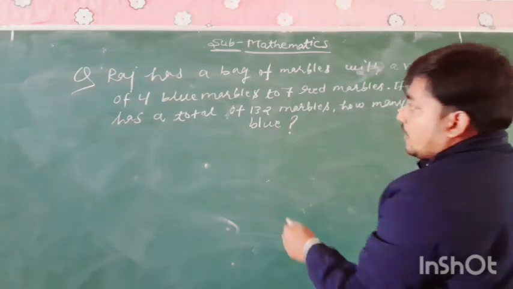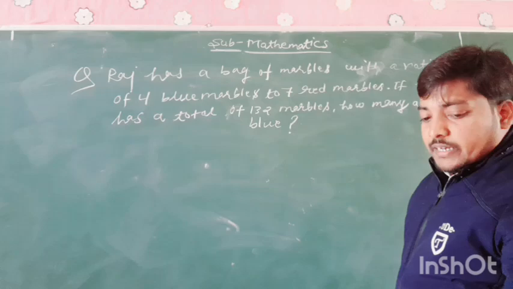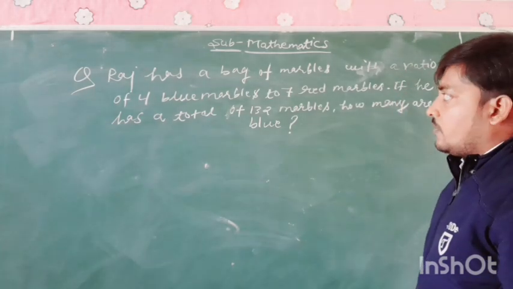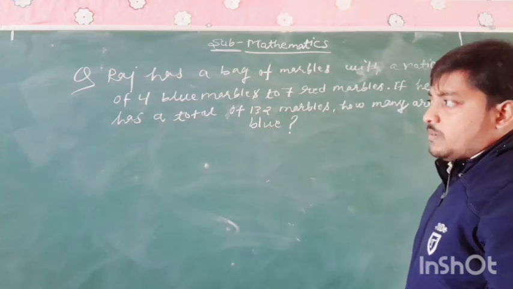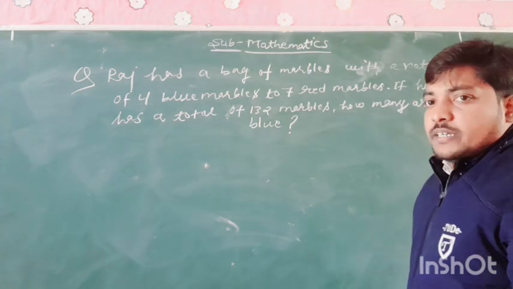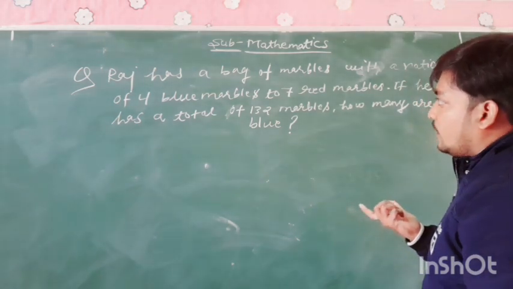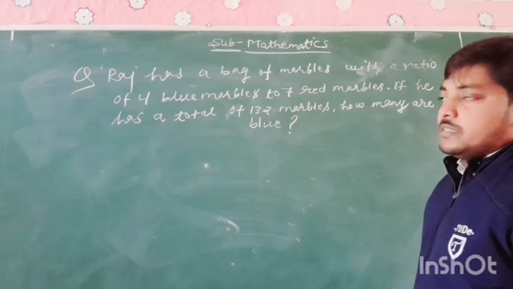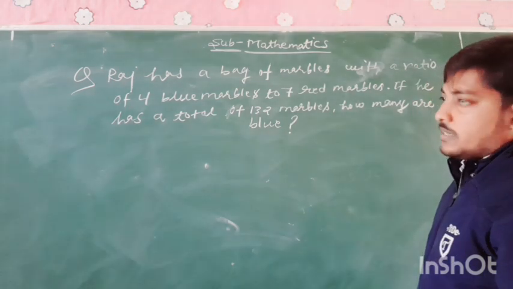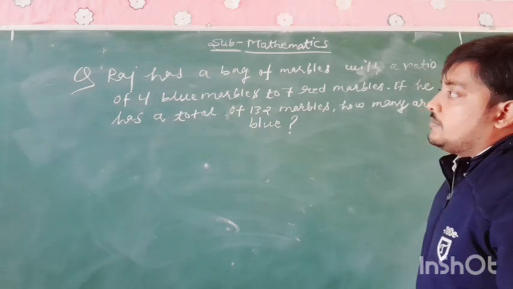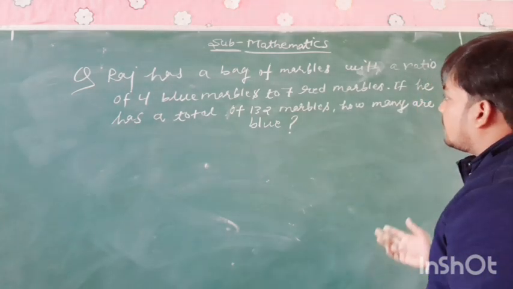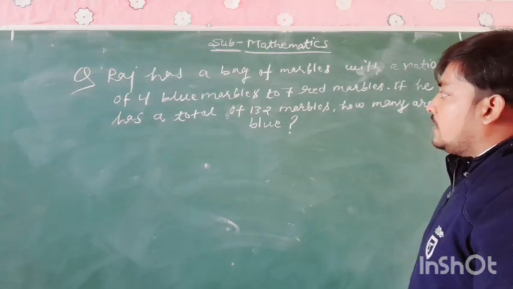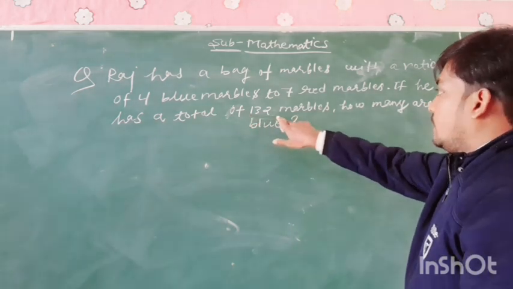In this problem, the ratio of the blue marbles to red marbles is 4:7. In this problem, first we let the common ratio of both marbles, which is x, and the number of blue marbles is 4x after multiplication of common ratio, and the number of red marbles is 7x, and in which the total marbles is equal to 132.